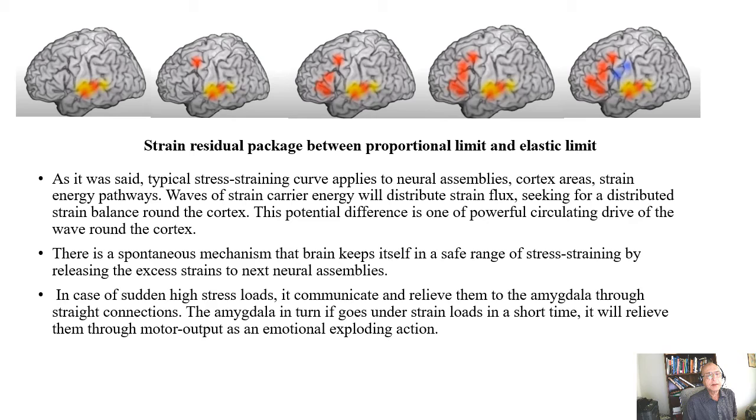The neural assemblies along the pathway conduct strain energy to other assemblies as they receive that. If due to different strain storing capacity or accumulated strain residual in some places, strain energy conduction would be limited, stress straining happens in the non-linear range in this case.